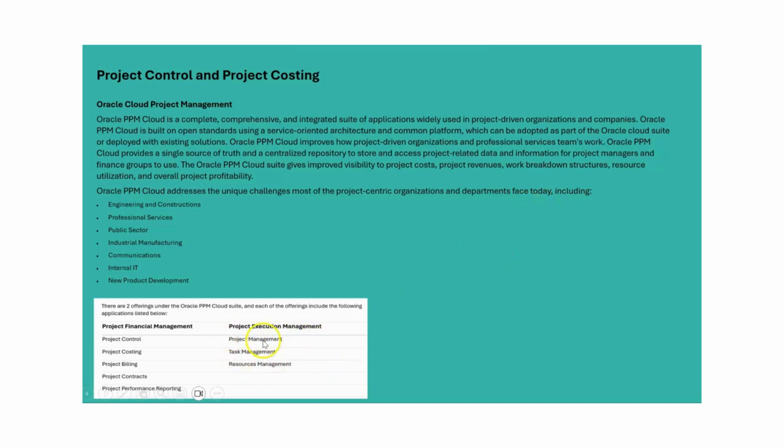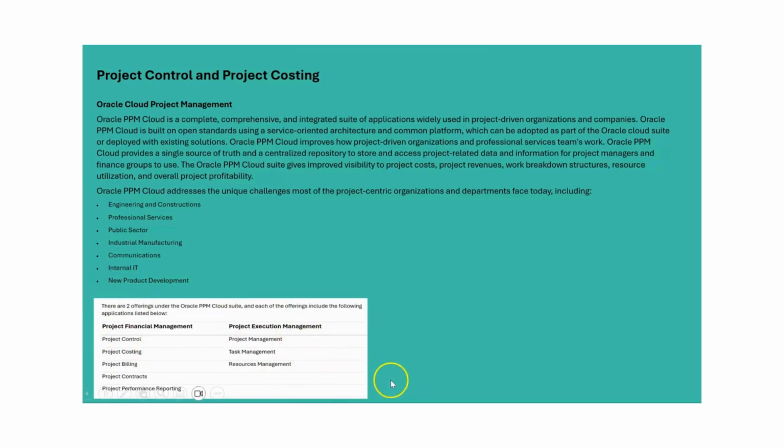Project management definitely comes with different KPIs and dashboards where you would be able to see the different factors. So when you create a project, you definitely assign some KPIs. We'll see in the later part of the videos how the setups are done. But task management and resource management is what is getting covered, along with the different KPIs and dashboards that are available for any project manager in project execution management.